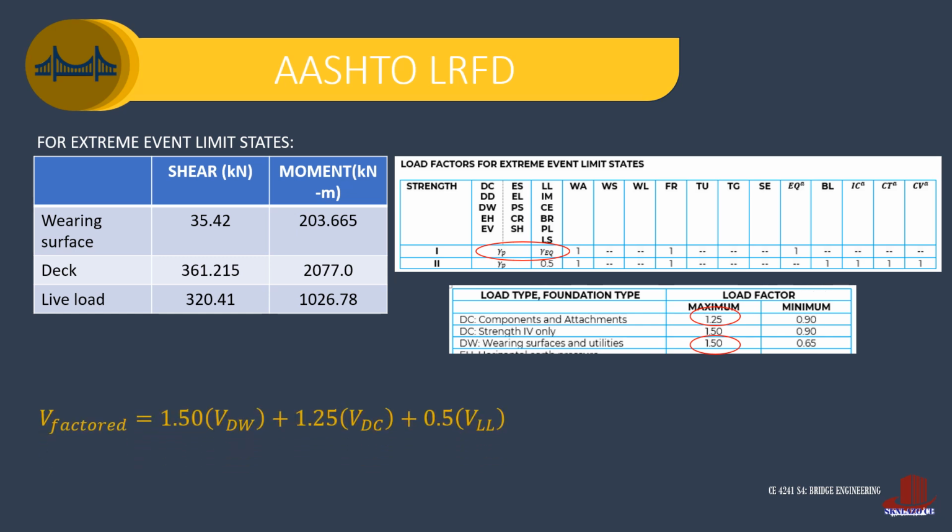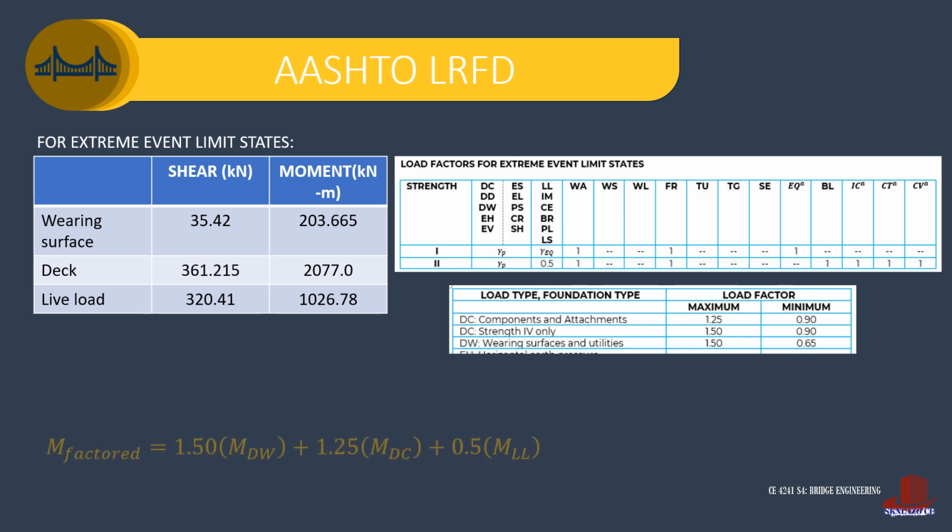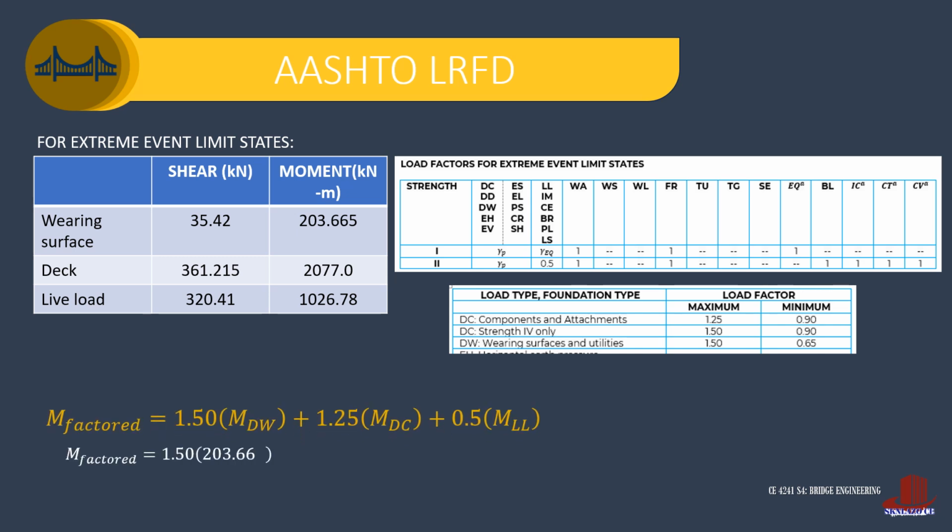The factored shear is then 1.5 of 35.42 plus 1.25 of 361.215 and 0.5 of 320.41, which is simplified as 664.85 kilonewtons. The moment uses 1.5 of 203.665 plus 1.25 of 2077 and 0.5 of 1026.78, which brings about 3415.14 kilonewton meter.